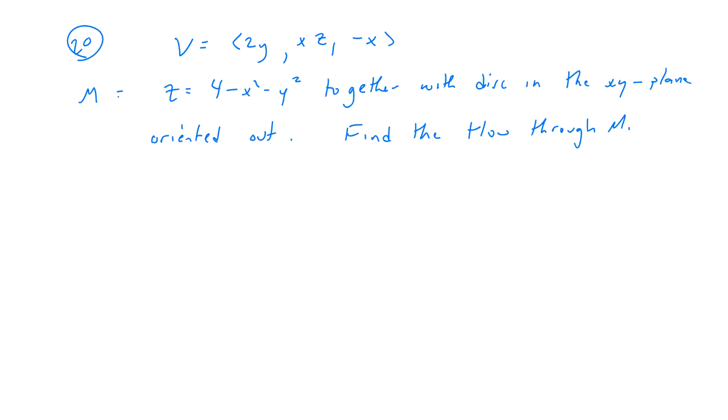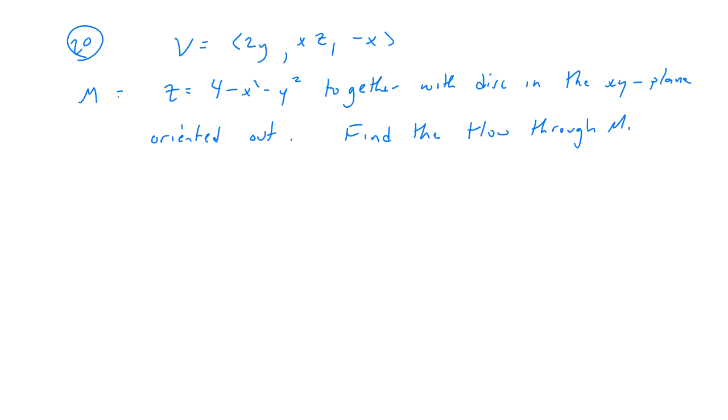And then same thing with the disk. In the disk, z is equal to 0. And since it's at z equals 0, we have the outer circle is radius 2. So we would have, again, u cosine v, u sine v, comma 0, where u goes from 0 to 2, and v goes from 0 to 2 pi.